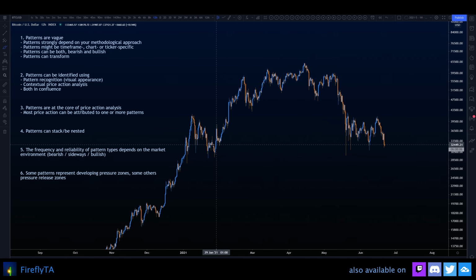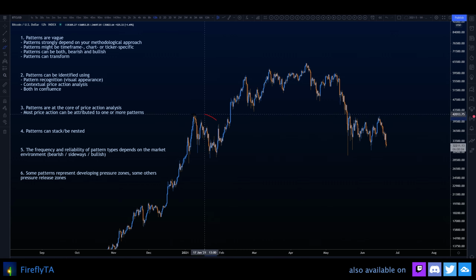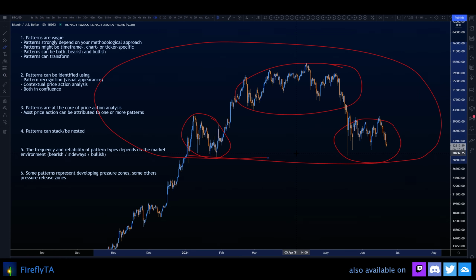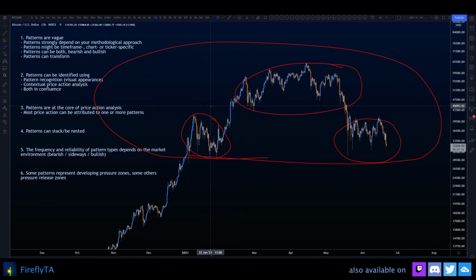And then we are starting to read into this structure and look what is happening here, what is happening here, what is happening here. Is it actually what a head and shoulders is supposed to be? Because a head and shoulder has a message. It tells you we are in distribution. It tells you the entire structure is in a bearish range, like this is a bearish range. And it also tells you that we are in first profit taking here.